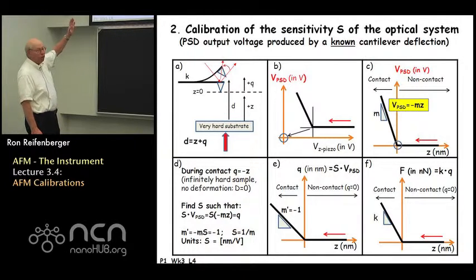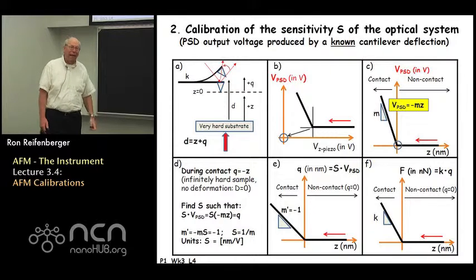Basically, if you approach the substrate to the cantilever tip, and if the substrate is very hard, you'll map out something called a force distance curve, or force displacement curve. The displacement is in volts applied to the z-piezo. The y-axis of this curve is a voltage that comes out of the position-sensitive photodiode.